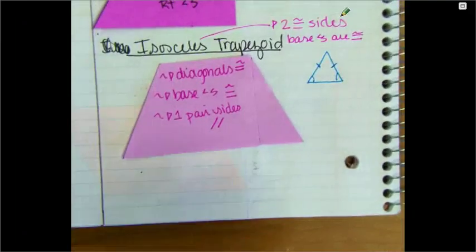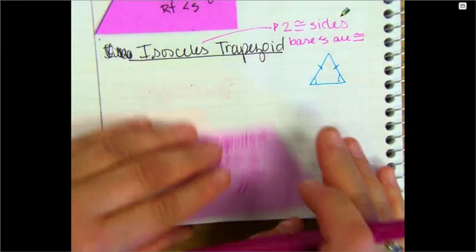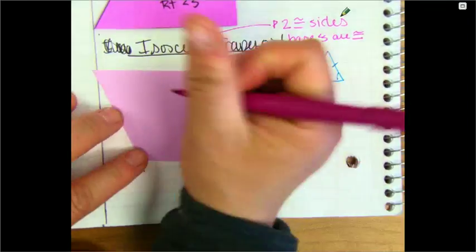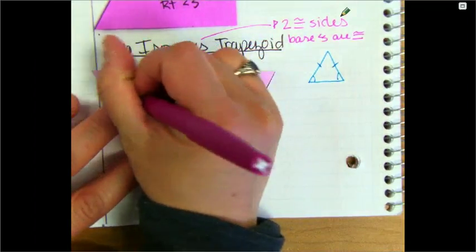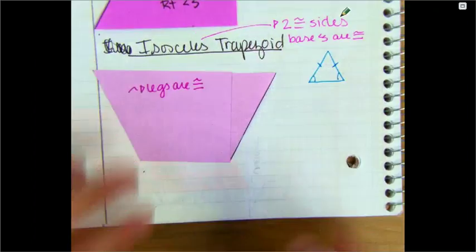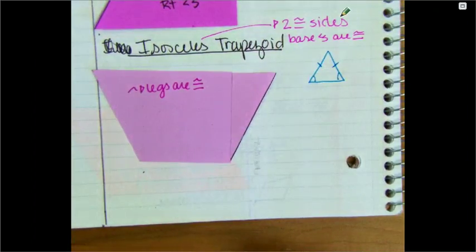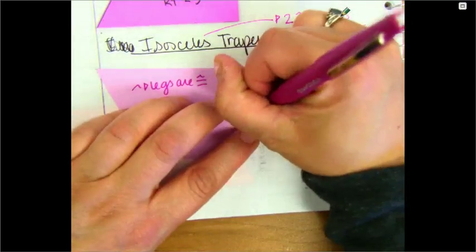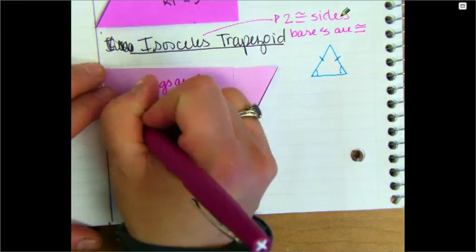All right, back to the bottom. And flip it over. We're also going to say that legs are congruent. Leg here, and a leg here.